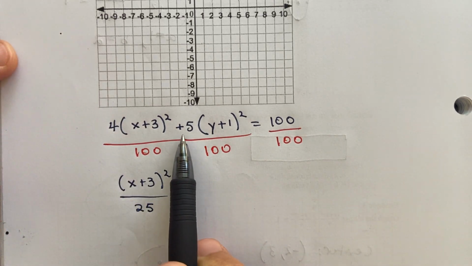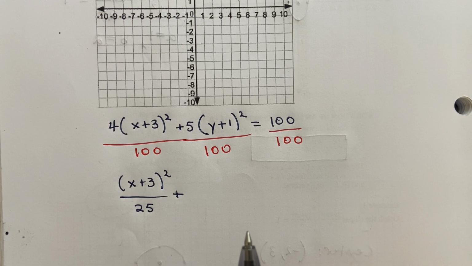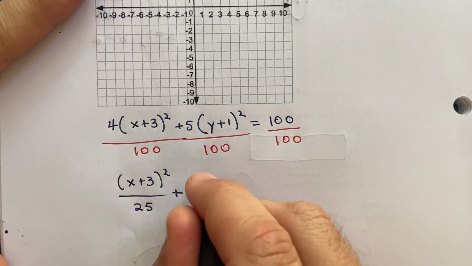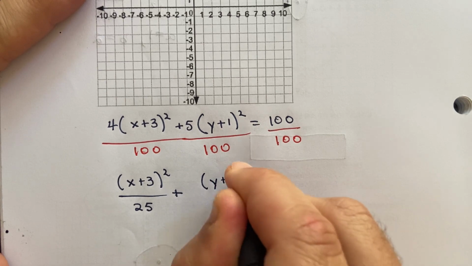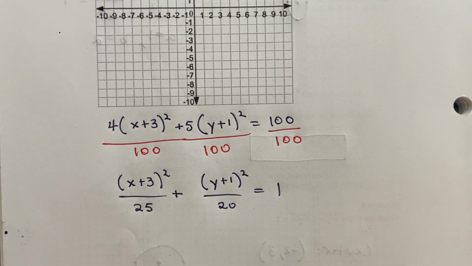Plus 5 over 100, that's 1/20. This all equals 1 now.